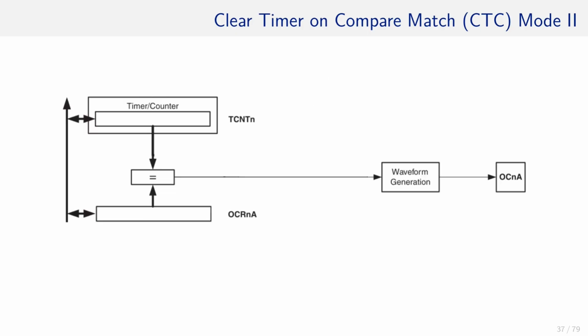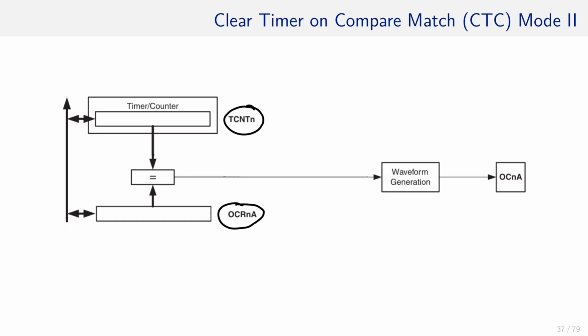This is a closer look at the cleaned middle section. We have the TCNT here, which contains the register that keeps incrementing. And we have another register called OCRnA, which stands for Output Compare Register.